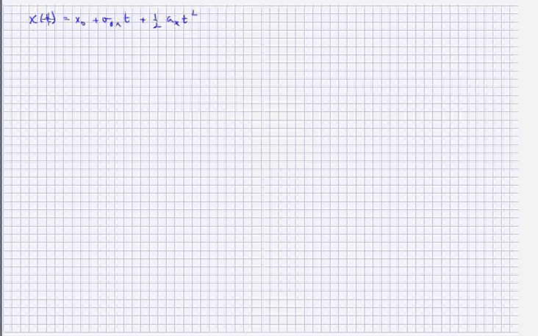And that's the equation for position as a function of time. And then a second equation with velocity: v of t is equal to v naught plus a sub x times t.